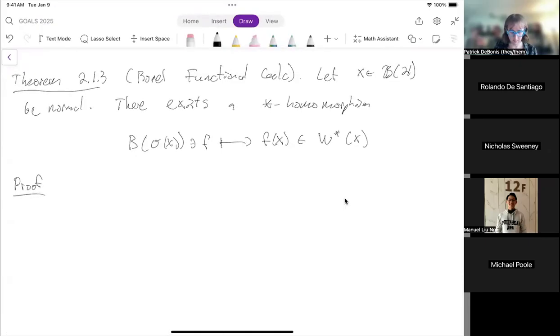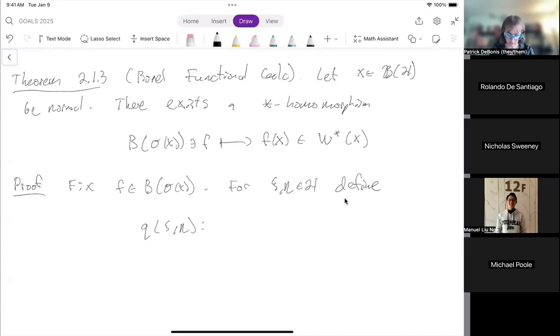So we want to start first. Let's fix a bounded Borel function f on the spectrum. And so for any vectors in our Hilbert space, we want to define something that we will suggestively call Q, like in the last proposition.